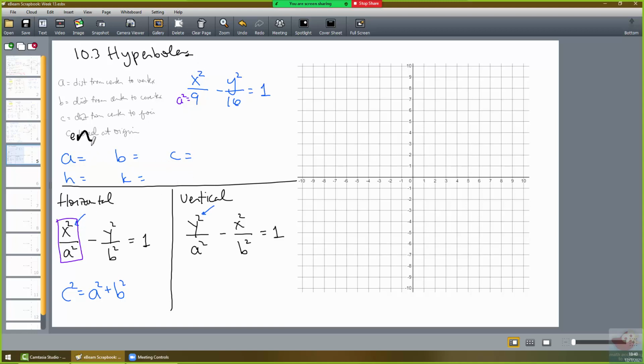If a squared is 9, a is 3. The second term has the format y squared over b squared, which means b is 4. So the idea of bigger denominator does not exist for hyperbola.